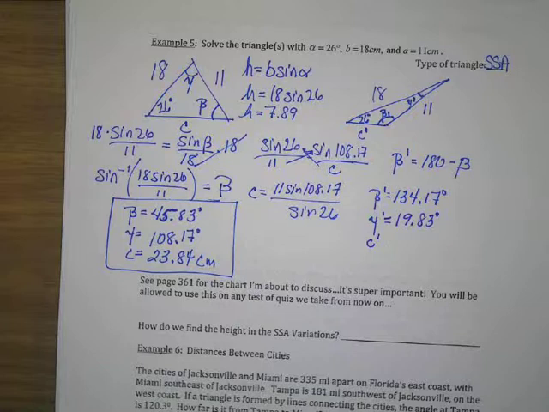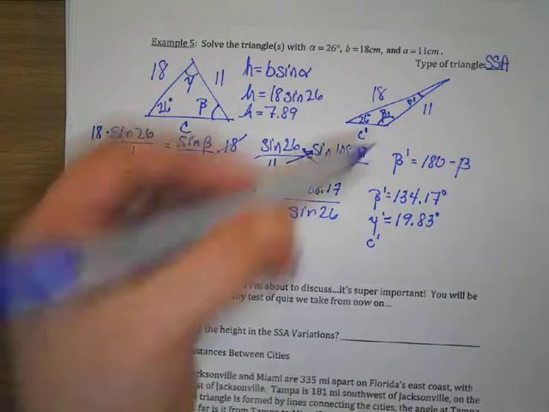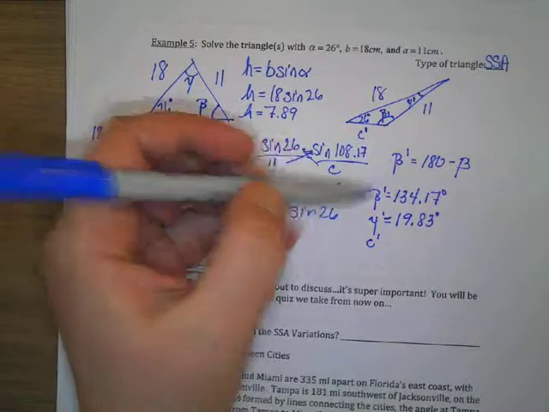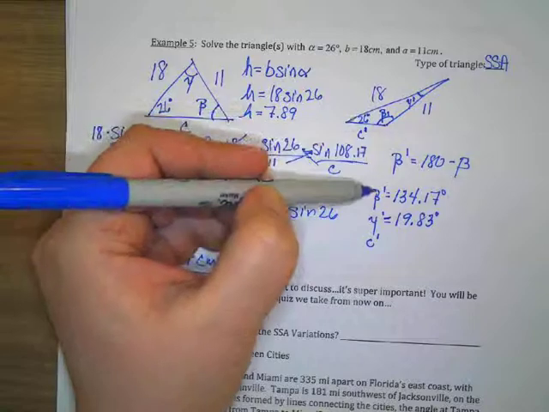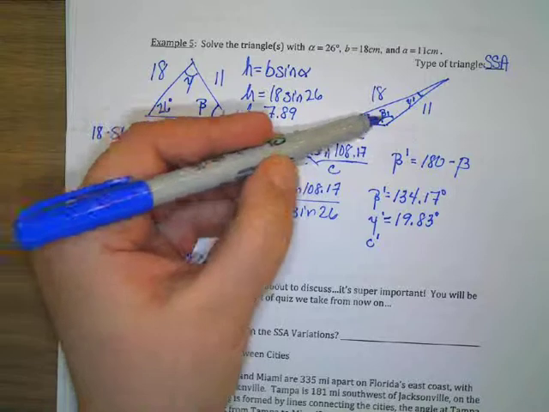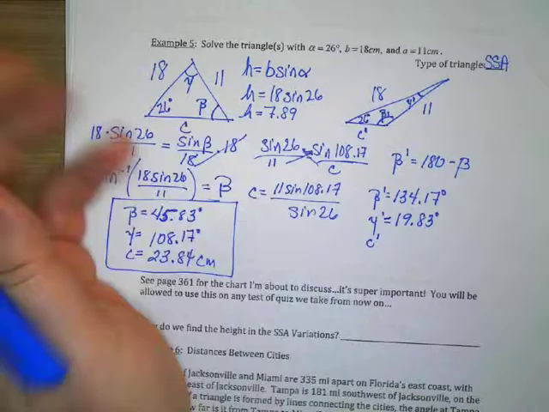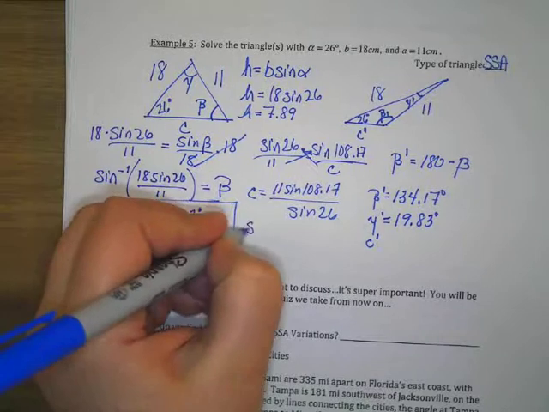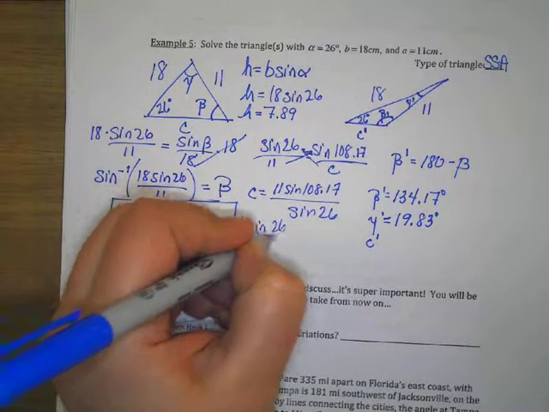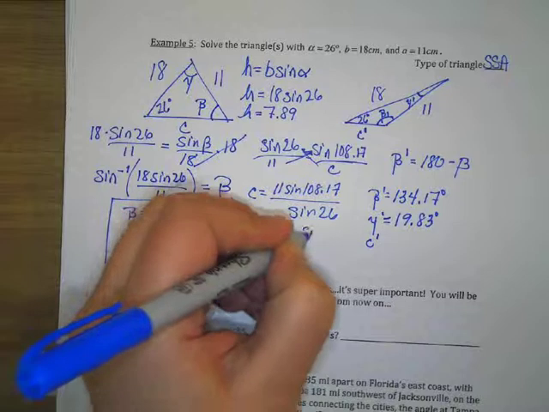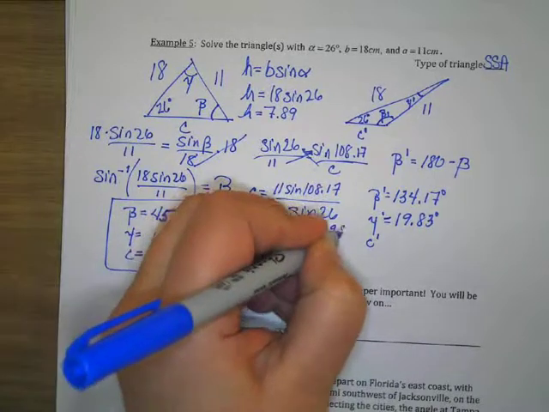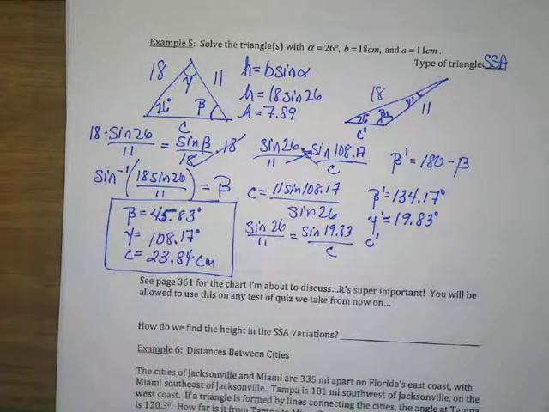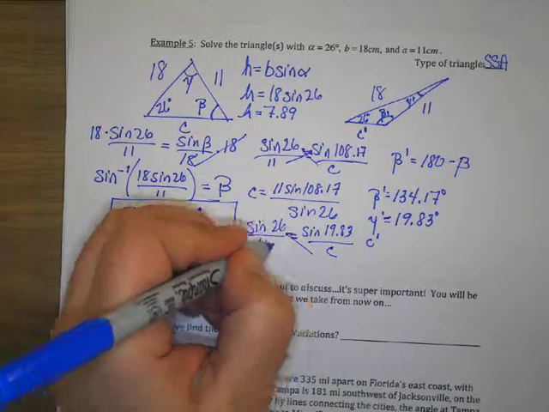Did you guys follow me on that? You guys understand where beta prime came from? Oh, 180 minus alpha minus beta prime. We know alpha, we know that angle, so just 180 minus it. So I would go sine of 26 over 11 equals the sine of gamma over C. You can cross multiply and divide.